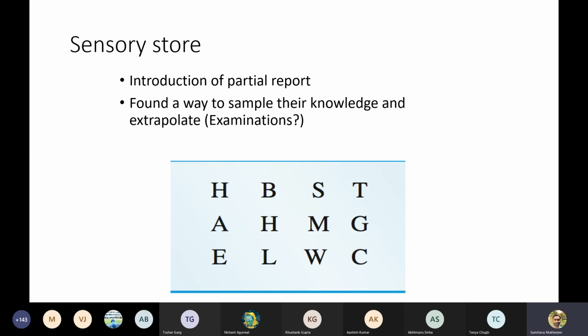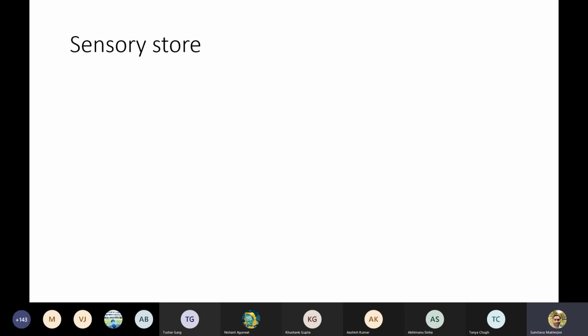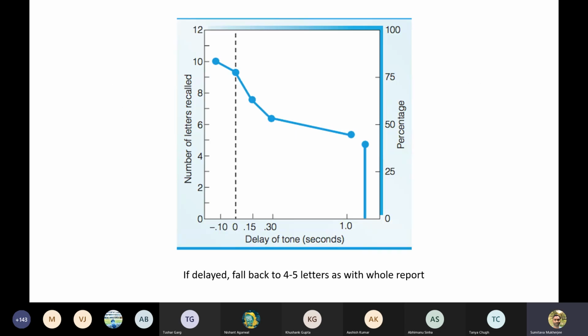So what he is saying is this is your stimuli and this is your cue. The delay between showing the stimuli and showing the cue is what you're increasing. If it happens at the same time, it's a 0 millisecond delay. You keep on increasing the delay till it becomes up to 1 second.